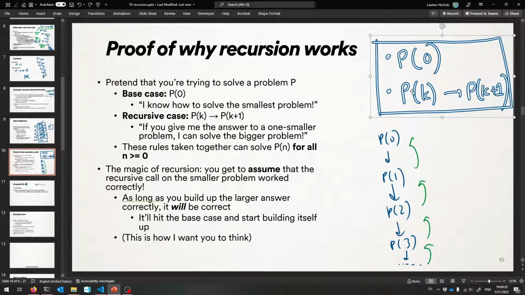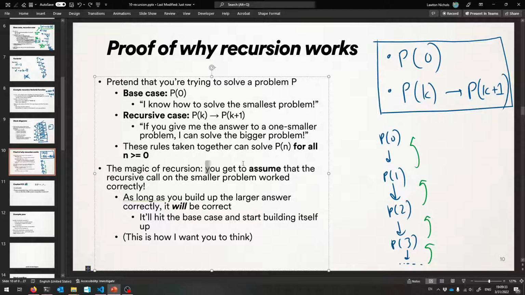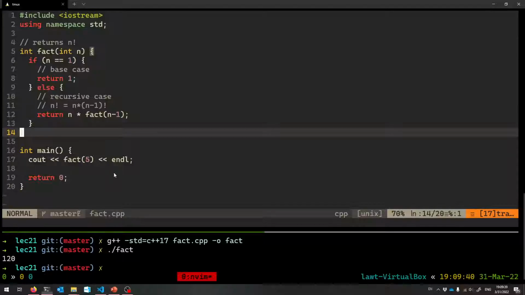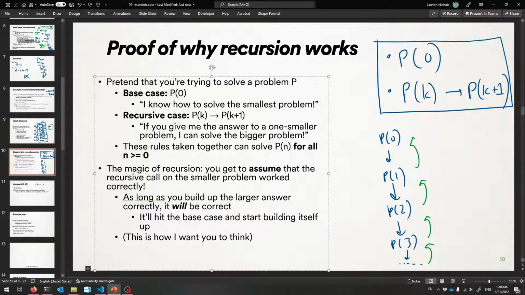The reason this works is that you get to assume that this call to the smaller version of the problem, that's called a recursive call, by the way. This right here, fact of n minus 1, that's called a recursive call. I'm calling myself. So you get to assume that recursive call works correctly, don't you? You don't have to check the answer.